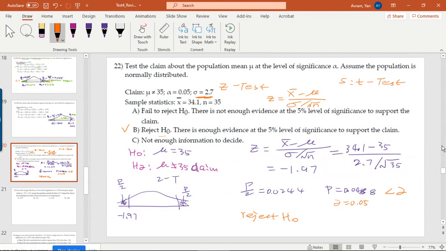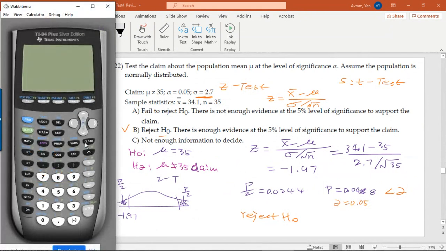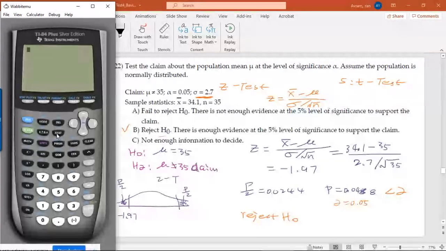All right, I know there's a lot of concepts in here, but if you want to find this, I can also show you there's a calculator that you can use. Let me show you the Z-test. Go to STAT, TESTS, and then use the Z-test.